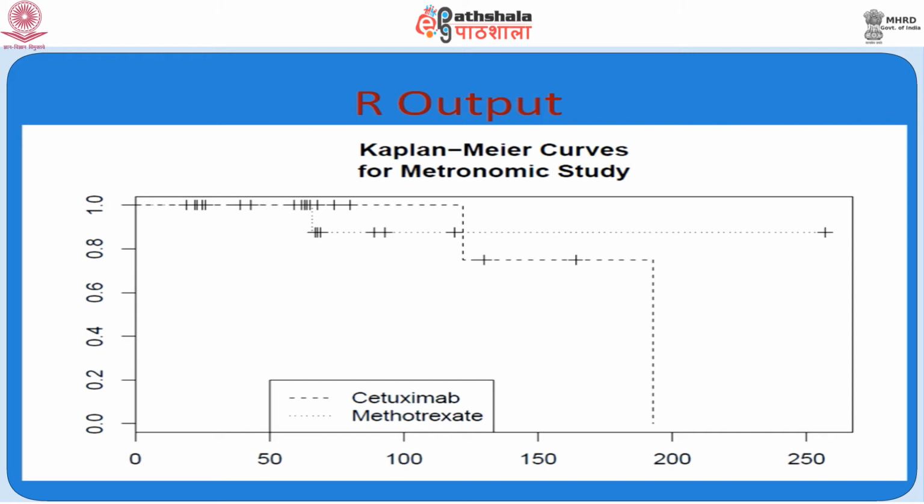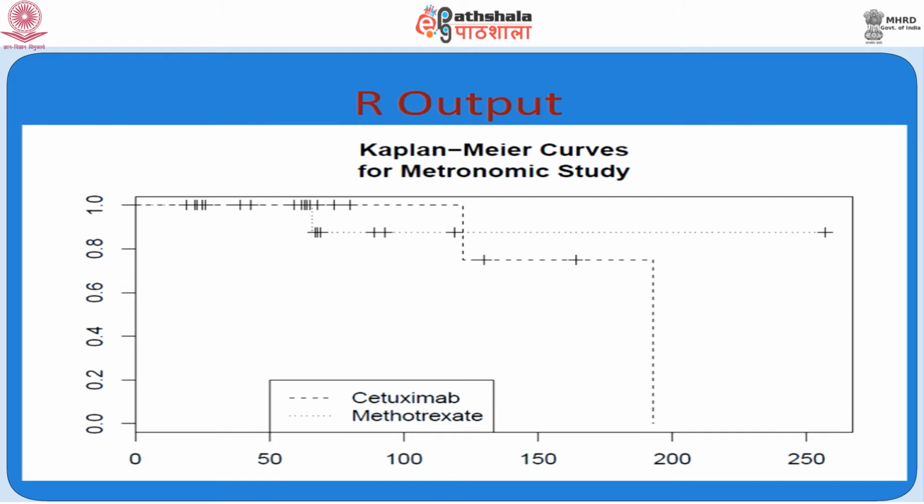Now coming to the main graph, it gives two curves, one for cetuximab and another for methotrexate. See, the maximum duration of patient follow-up in the cetuximab arm is not more than 200 days, and for the methotrexate arm it was more than 250 days.